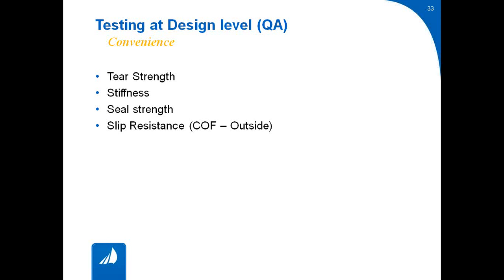I have already discussed that you want to open a shampoo wrap and you start fighting to tear it open. So it's important to check the tear strength. In some applications, if the stiffness is very low, you just cannot handle it. Like a pouch that is so soft and doesn't have any stiffness, you'll find it extremely difficult to pour things from there.